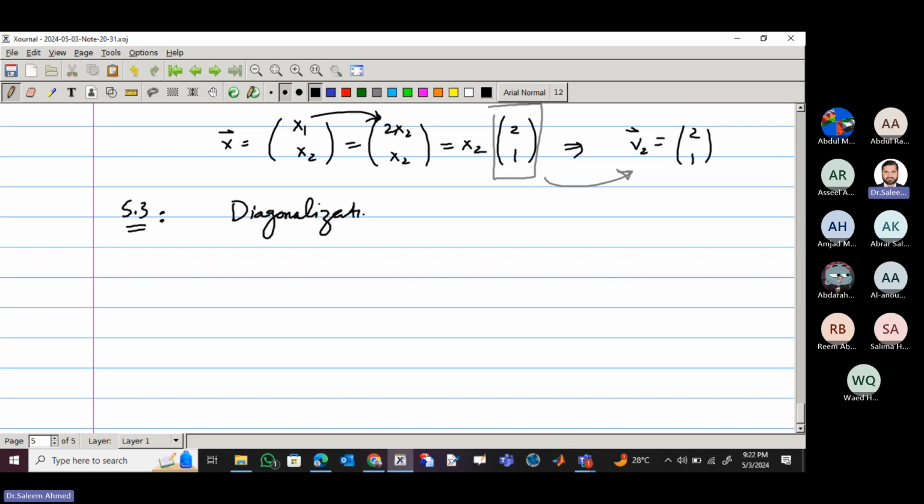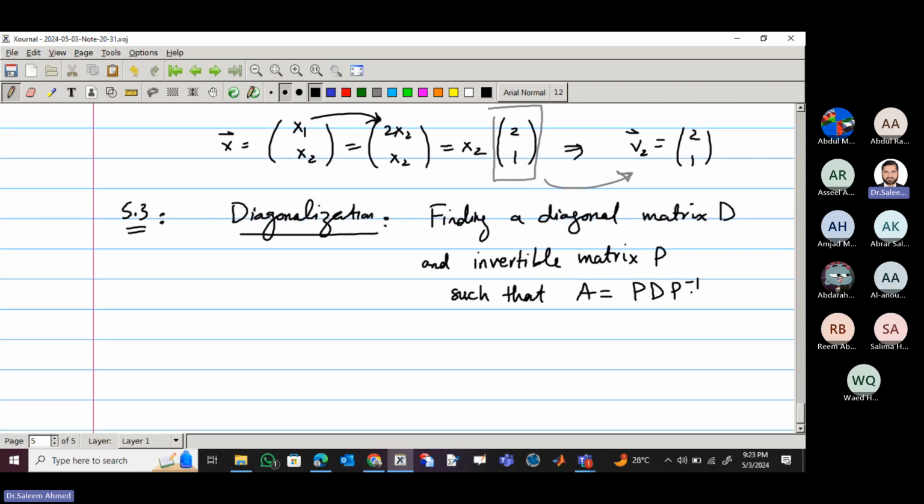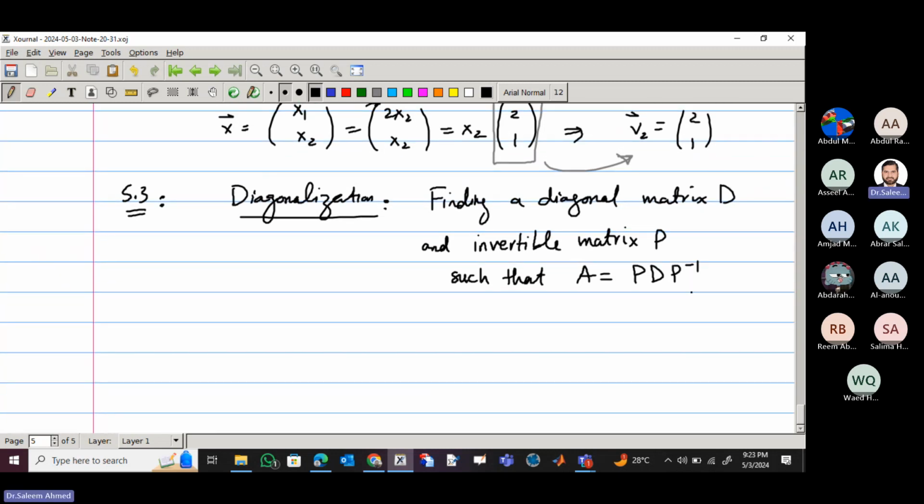Diagonalization means finding a diagonal matrix D and invertible matrix P, and you see the answer will be in just one line, P such that A is equal to P D P inverse. This is what diagonalization means.